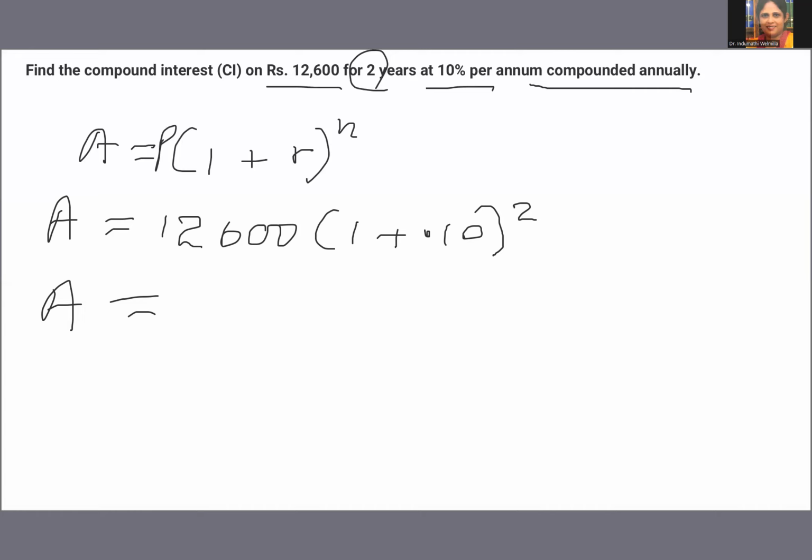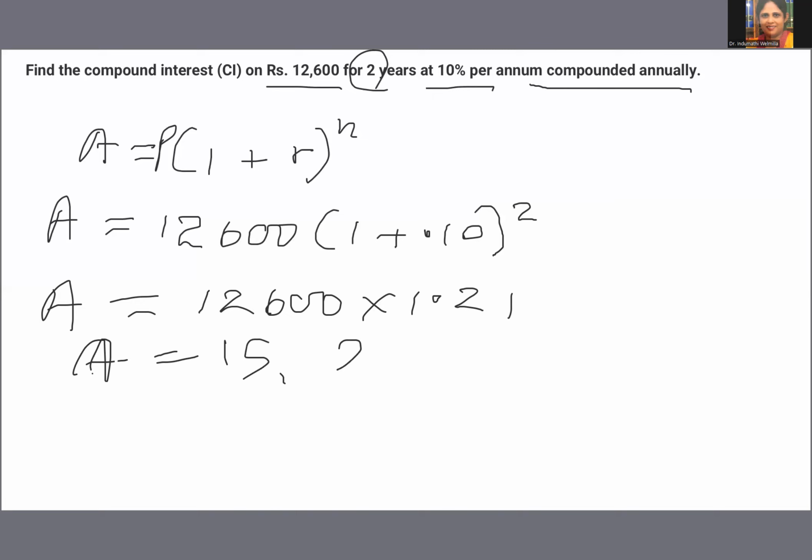So that means 1.1 squared becomes 1.21, and 12,600 multiplied by 1.21, the value is 15,246.